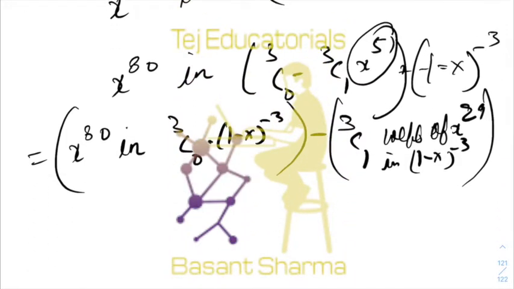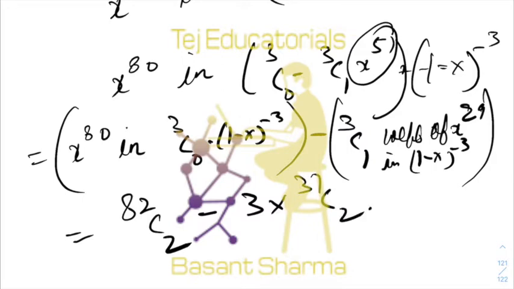And this is nothing but 82C2, because you have 80 plus 3 minus 1 C 3 minus 1, minus 3 into 29 plus 3 minus 1 C 2, that is 31C2. This is your answer.